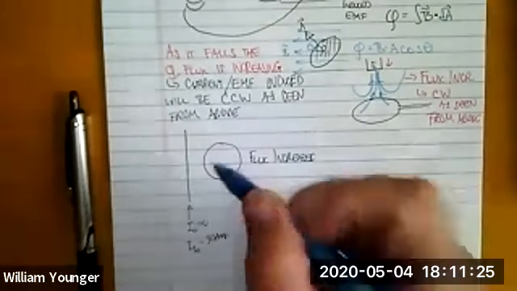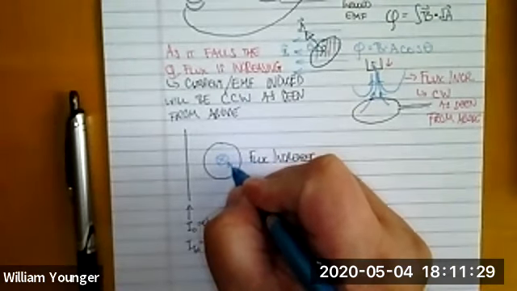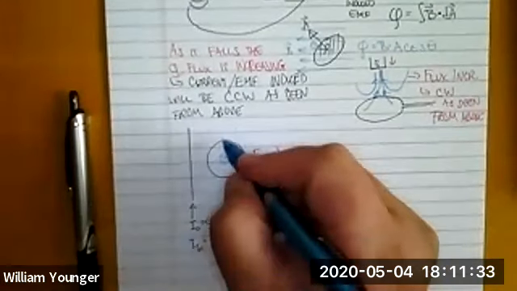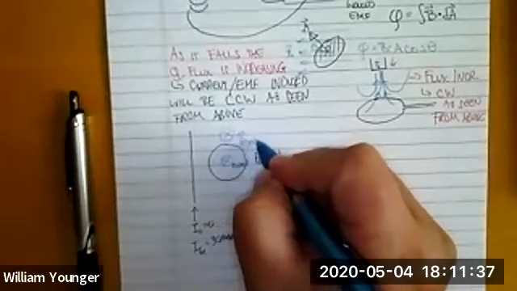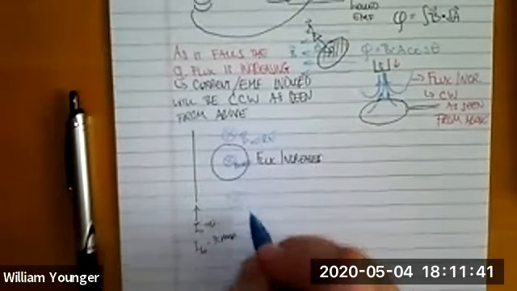I will write this right now, B wire. I know it's really small, but it says B wire. So the magnetic field at this point, due to the wire, is into the paper.